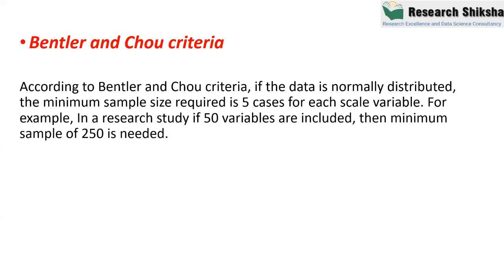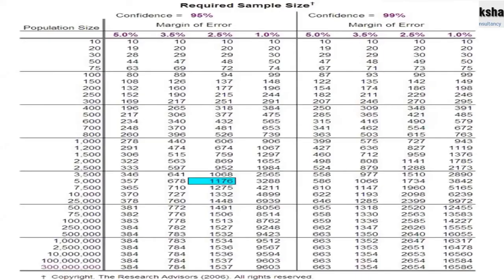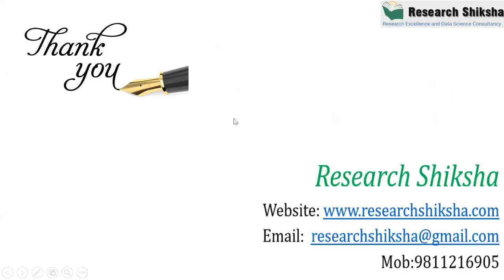So for example, in a research study, if 50 variables are included, then a minimum sample size of 250 is needed. I hope this Bentler and Chou criteria will help you a lot, and references for all the formulas are available on Google. After this lecture, I hope you have clarity about the sample size.